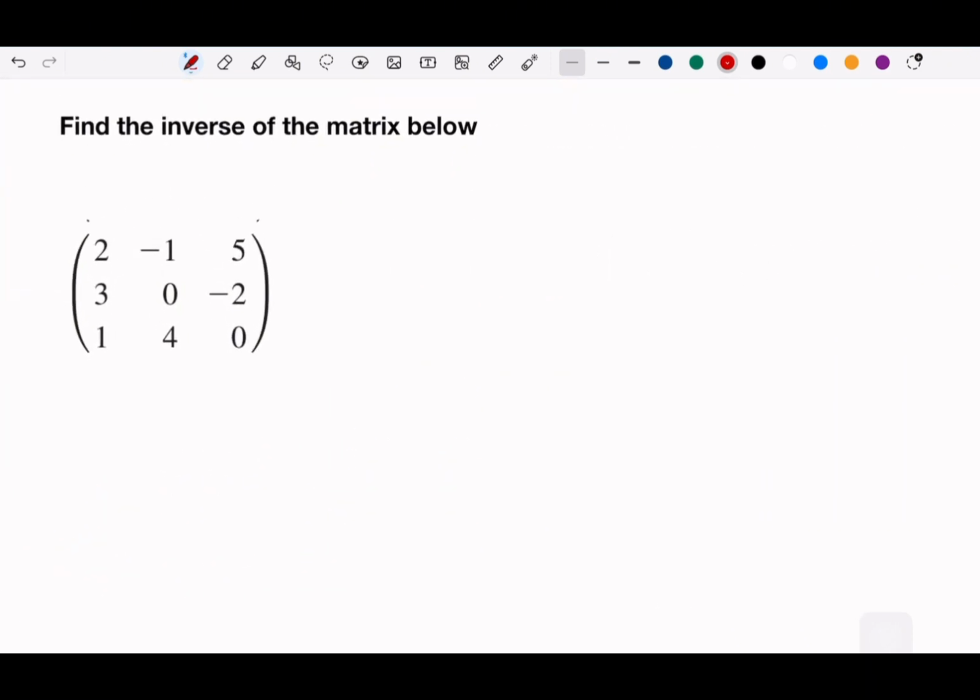So basically, to find the inverse, we need to compute the determinant, right? So I think we can try one by one here. Let's name this A. Let me write the signs first.